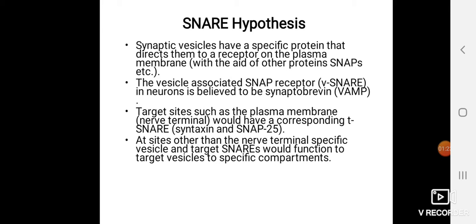The ones on the vesicles are called V-SNAREs, and those on the target membrane are called T-SNAREs. These SNAREs form a complex which facilitates the fusion of the vesicle. They are also aided by other proteins called SNAPs.